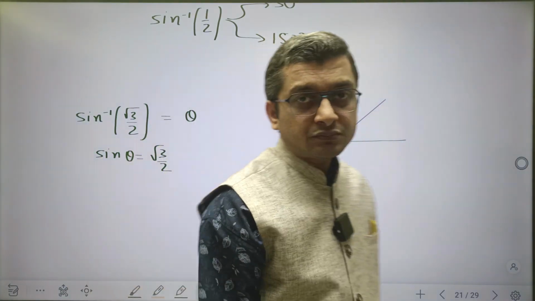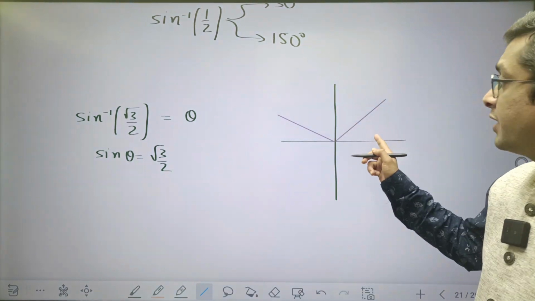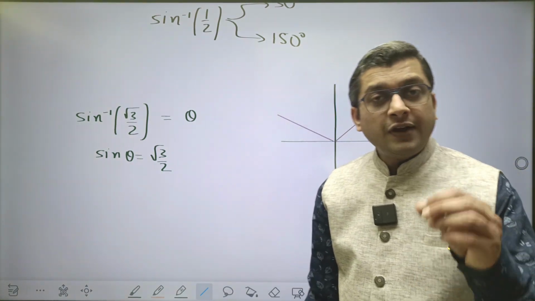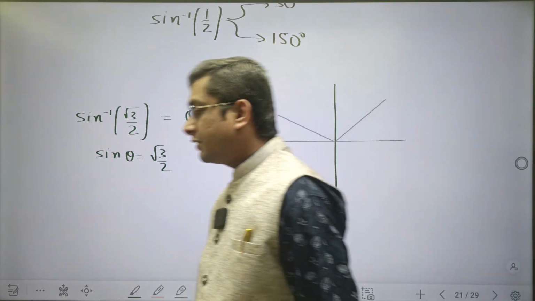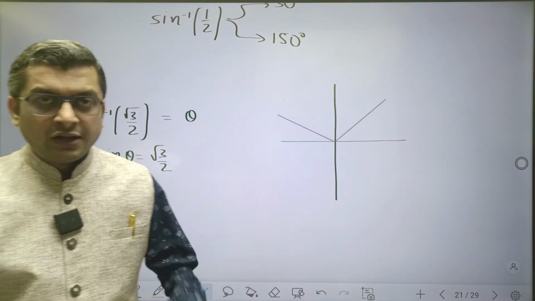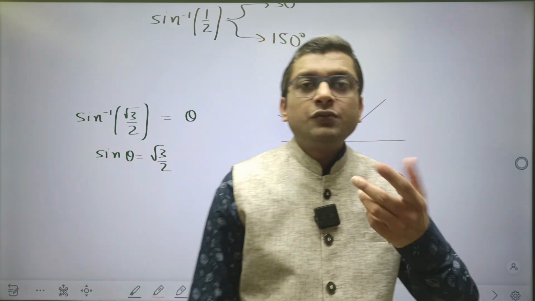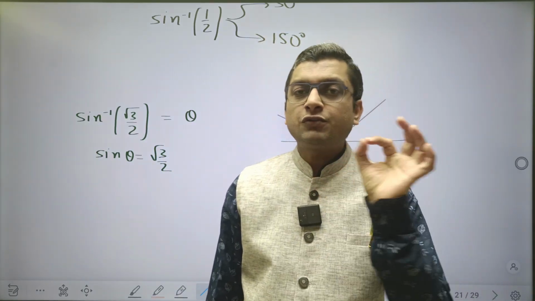Are you getting it? Because only in the first and second quadrants is the value of sine theta positive. So the very first step is to choose the quadrants.